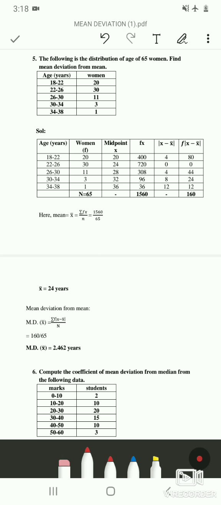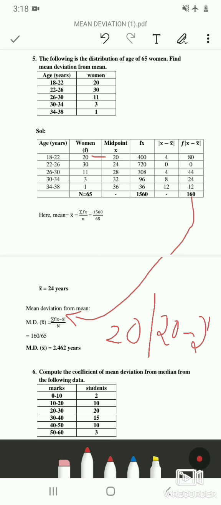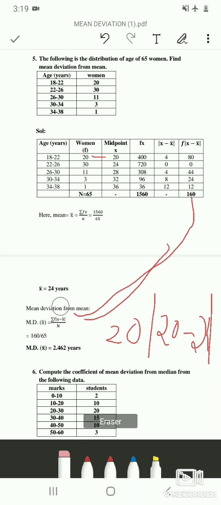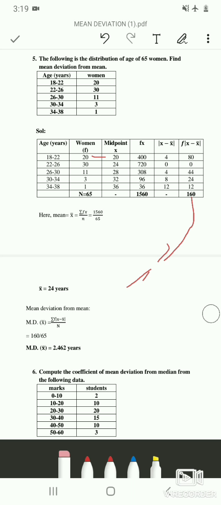This is the numerator of the formula for mean deviation. How to calculate: for a corresponding midpoint, check the frequency, that is 20 into the absolute value of 20 minus 24, and you get the value 80. Similarly, find f of absolute x minus x bar in all the cases.